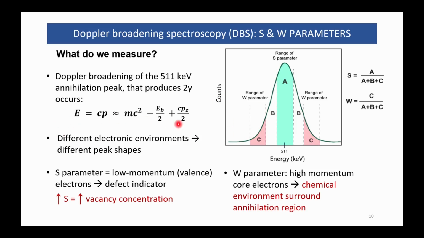We have two parameters. The first parameter is S, with the formula here. The S parameter looks at the valence electrons inside the material, so it is a defect indicator. An increase of S means an increase in vacancy concentration. And the W parameter is the high momentum of the core electrons inside the material. It can show us the chemical environment surrounding the annihilation region.